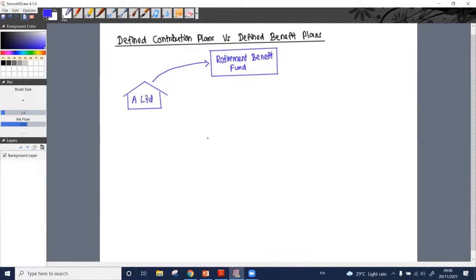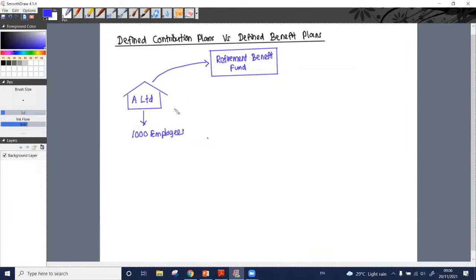Right. And assume, right, that there are, let's say, 1,000 employees. There are 1,000 employees working in this company.